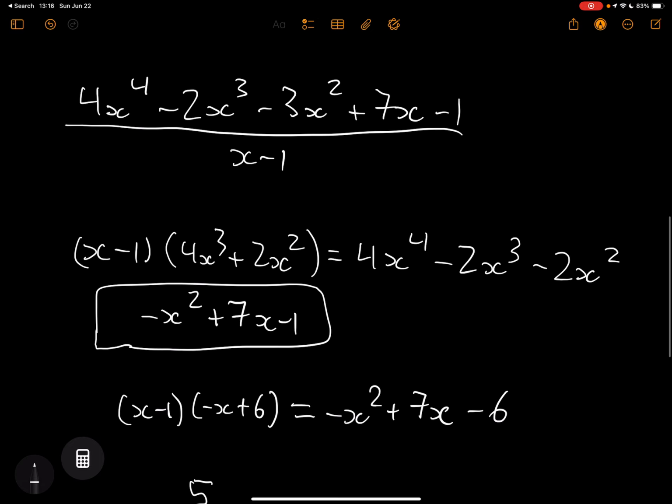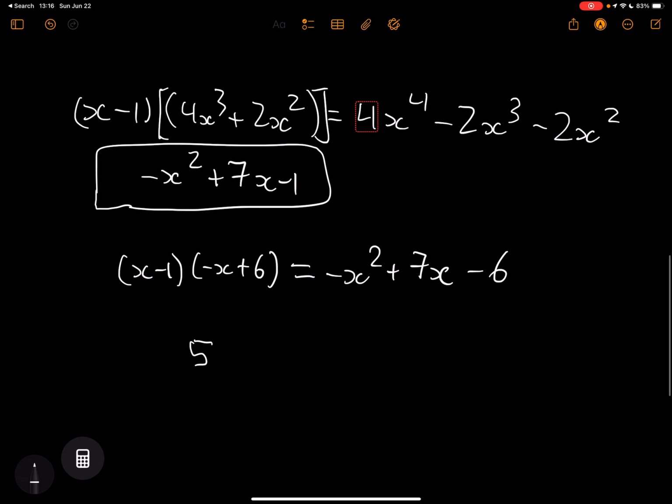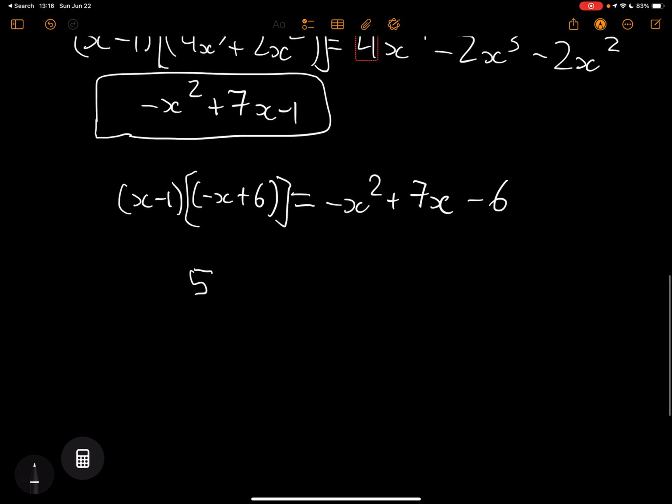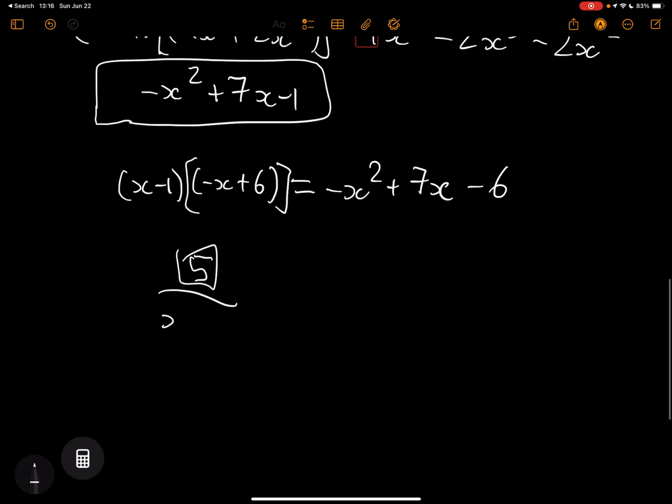Add up all the new polynomials we made, including this one, and we also have this one and this one over x minus 1.